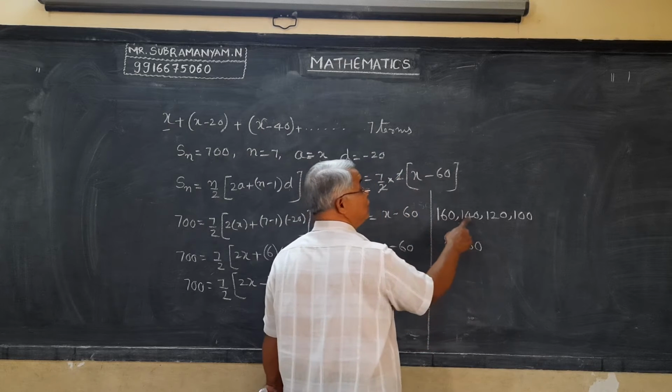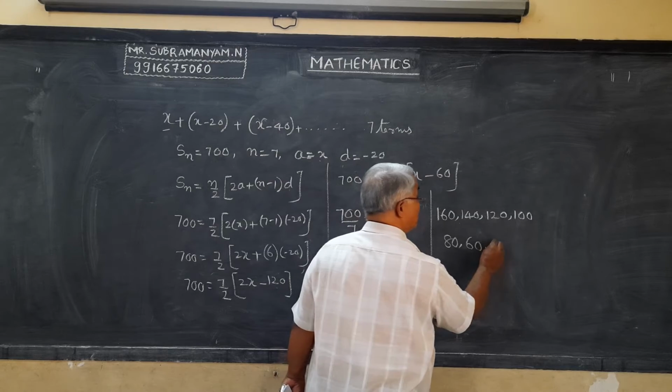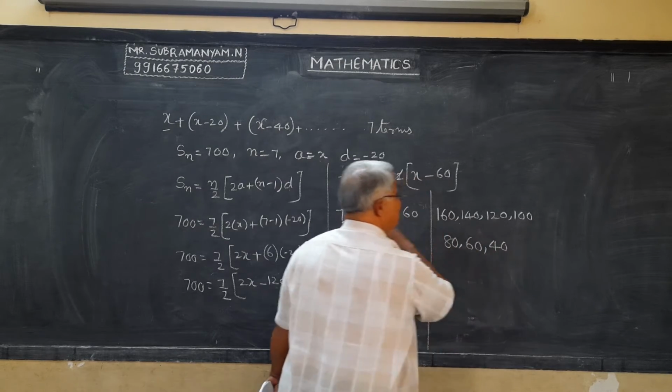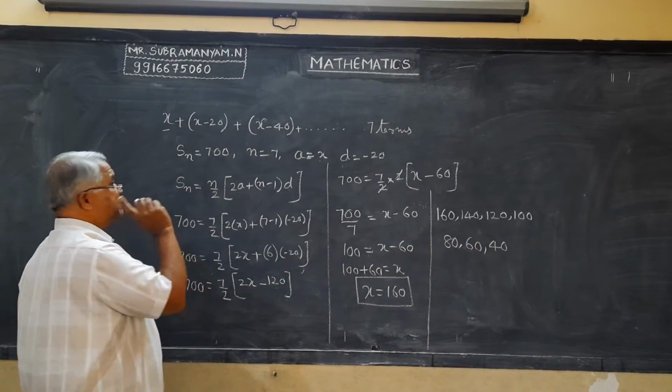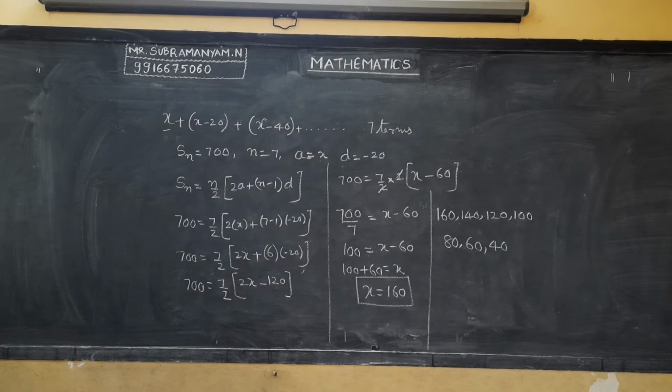How many we got? 1, 2, 3, 4, 5, 6. And one more, 40. If you add, you must get 700 rupees. So these are the cash prices: 160, 140, 120, 100, 80, 60, 40.